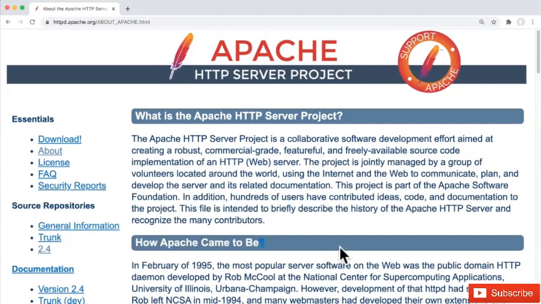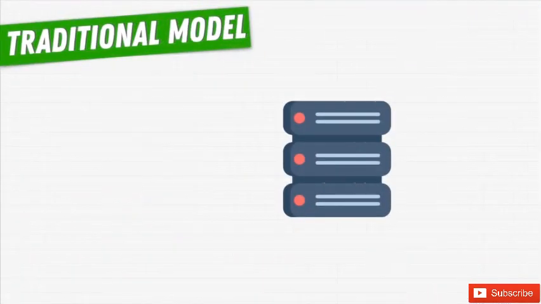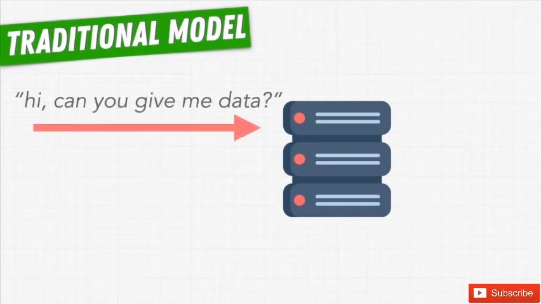multiple requests coming in. Apache was a big hit, and it had a lot going for it, including that it was free and open source. With this web server, any request to our server, say asking for some data, was blocking.